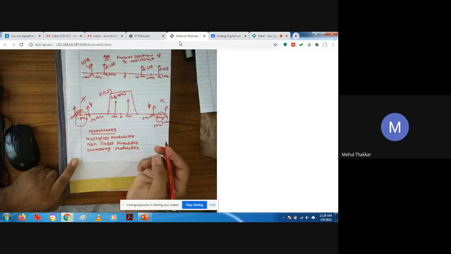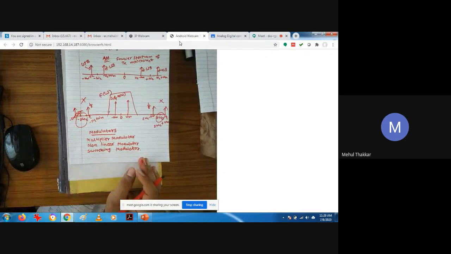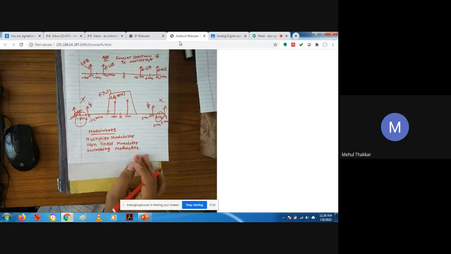In the multiplier modulator, simply whatever we have considered right now is the multiplier modulator. It simply multiplies two signals. There are analog multipliers available. We will not cover it in detail, just an overview of 2-3 lines on the multiplier modulator.